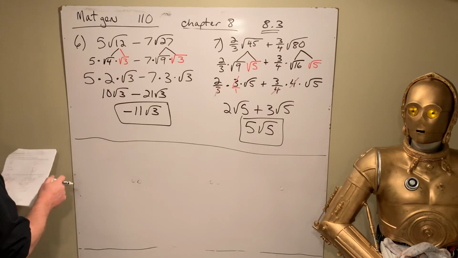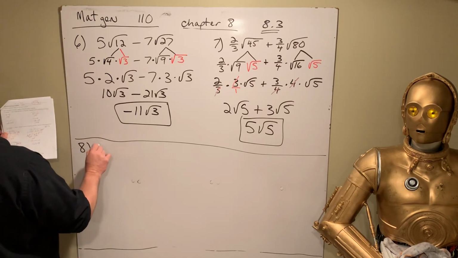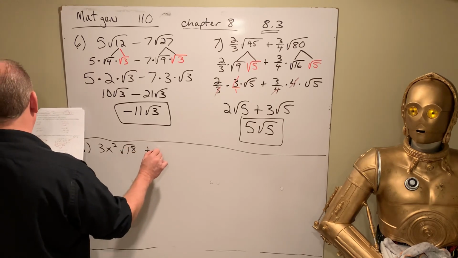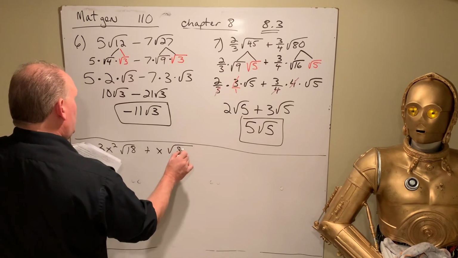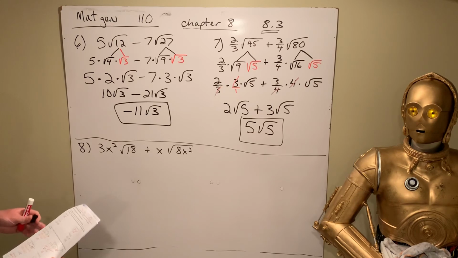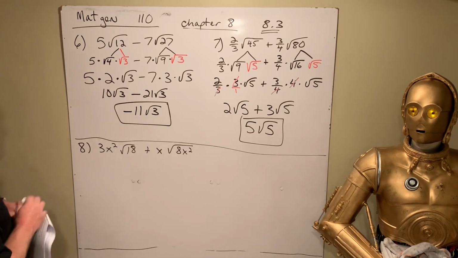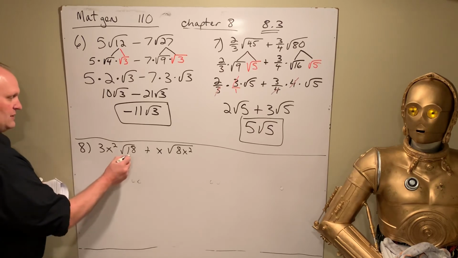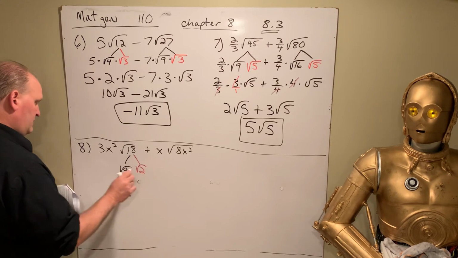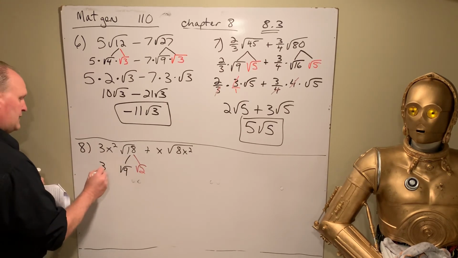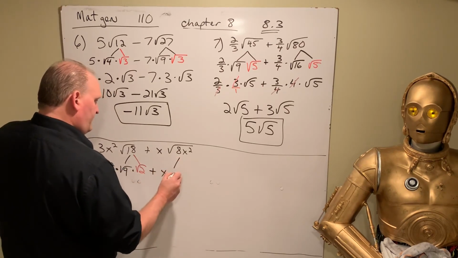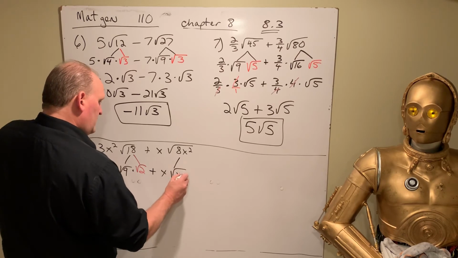Let's do another couple. Number 8 is 3x squared square roots of 18 plus x square roots of 8x squared. So let's do that. We can do perfects and leftovers. So the perfect is 9, leftover is 2, and we still have 3x squared times that, plus x. The perfect is 4x squared.